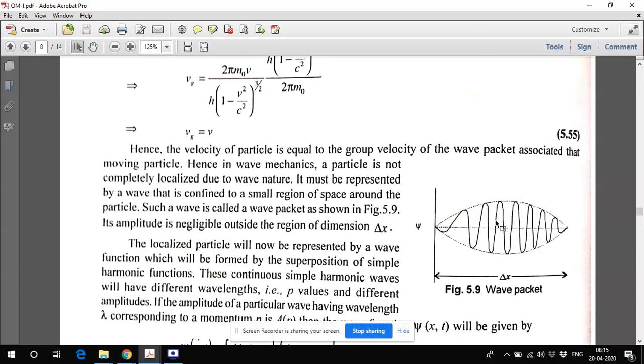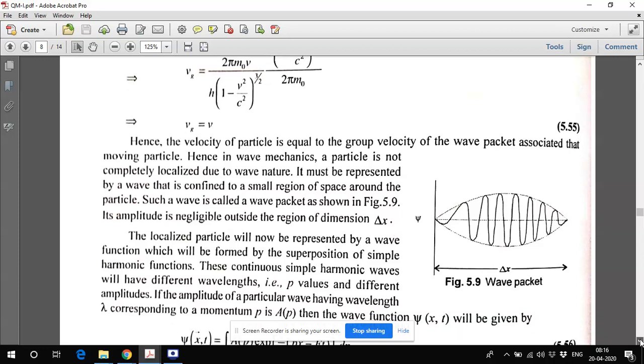It means definitely the wave should be there where the particle is there. So I can say the probability of finding the particle here is maximum. If you move away from the particle, the probability or the wave function will diminish. It means there is no particle beyond here or beyond here, and that is very much truthful.